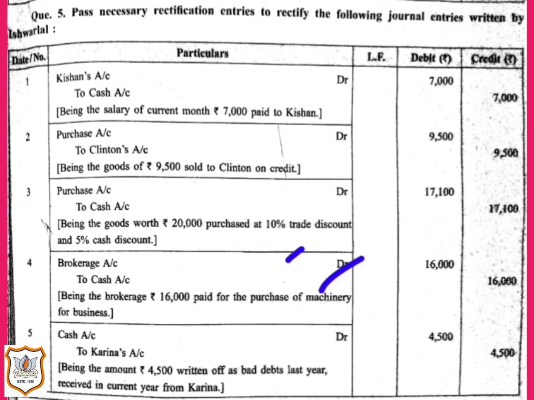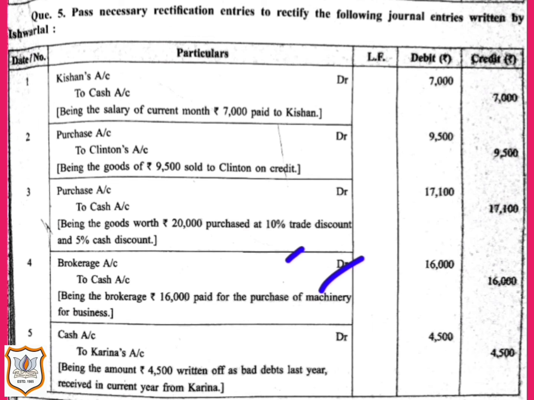So according to the principle do what is correct, machinery account will be debited, and according to the principle undo what is wrong, what is the wrong entry here? Here brokerage account is debited, that is the wrong entry. So it needs to be reversed. That means it should be credited.